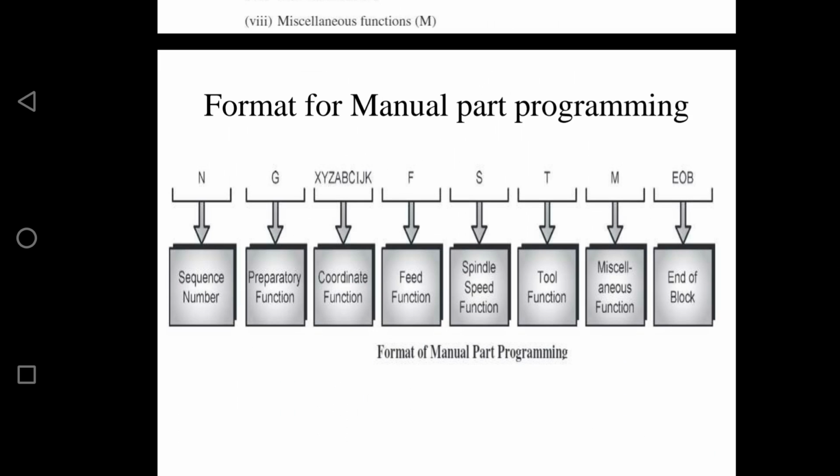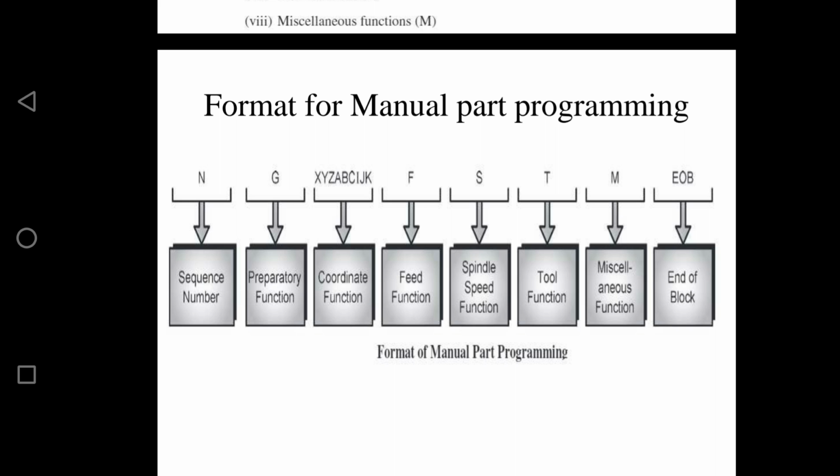You can see here the format for manual part programming. Any part program contains a number of blocks, each block contains a number of words, and the format is the method of writing the words in each block. First we have to write the operation number, which is not mentioned here, but no worries.